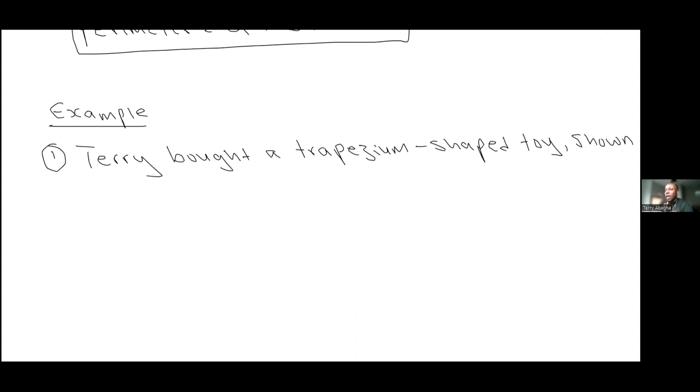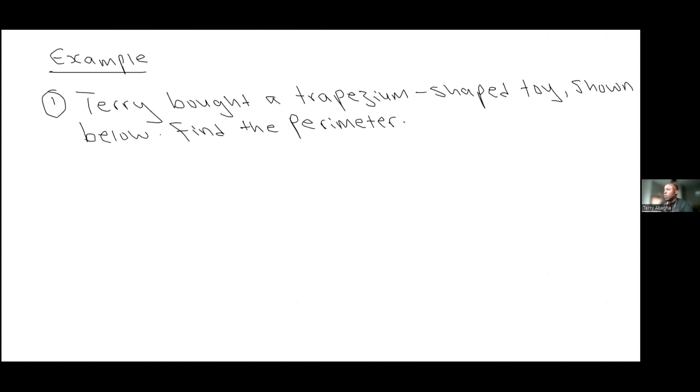I want you to find the perimeter of the toy. So we have a shape here. We have it like this. Let's do it this way.